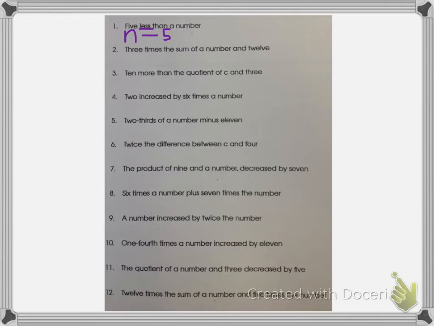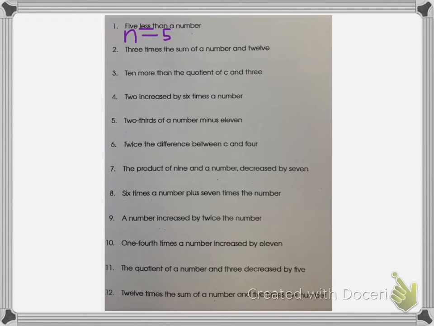This is the number one all-time biggest mistake in translations. 5 less than a number would be written n - 5. So anytime you see that word less, or sometimes the word more, we have a switch in the order that you hear it. We wrote the number first, but we put it in the back.